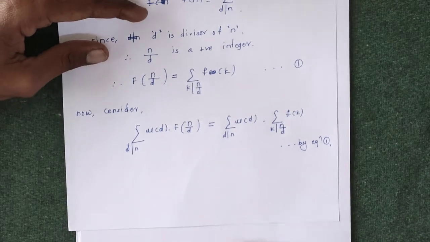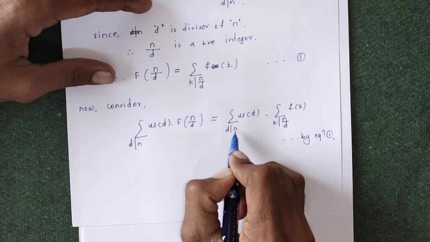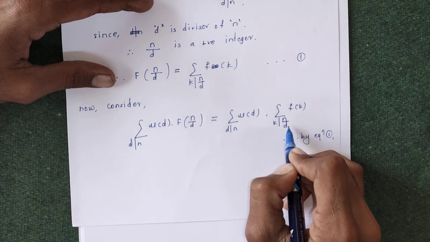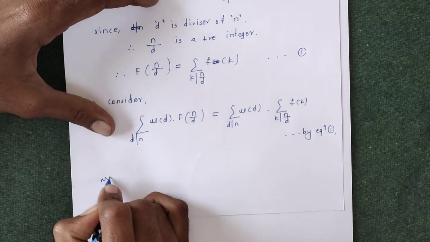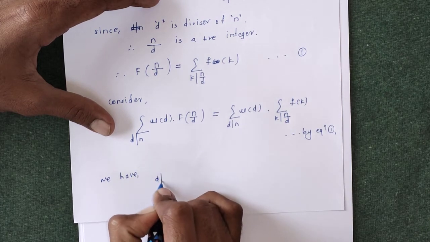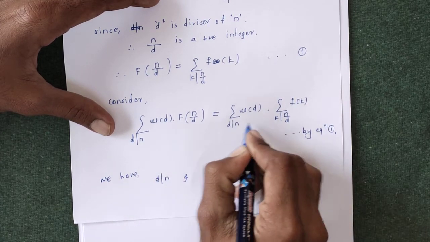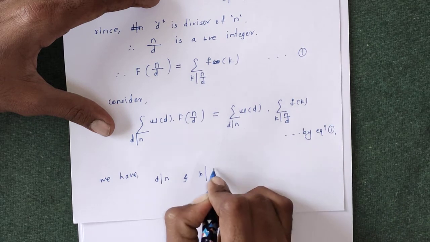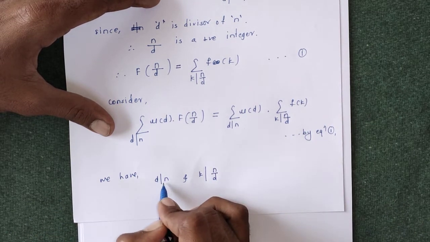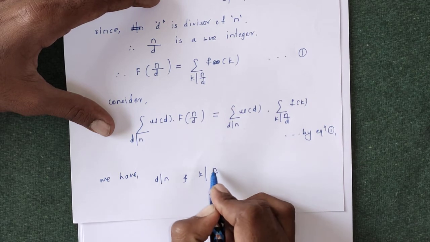Now we have d divides n, that is, d is a divisor of n, and k is a divisor of n by d.